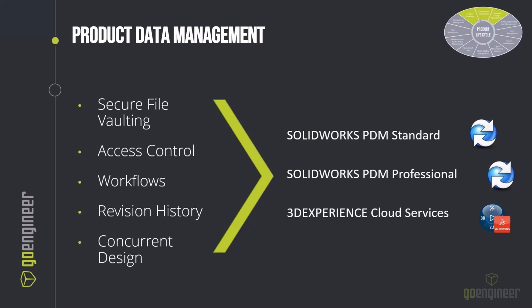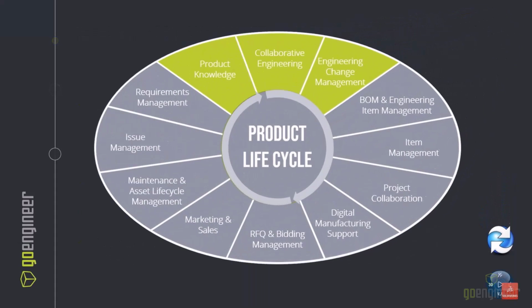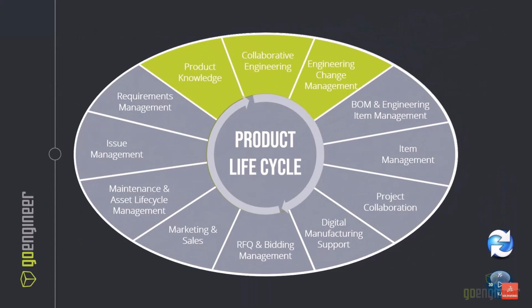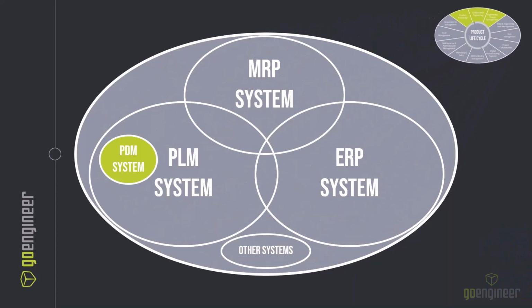So with the product data management tools you get, there are PDM Standard, PDM Pro, and 3DEXPERIENCE Cloud Services. And those tools will help solve challenges around maintaining product knowledge, collaboration, and tracking engineering changes. But a PDM system only provides a small subset of the functionality that can support our overall business efforts.